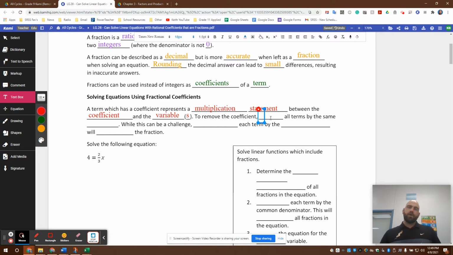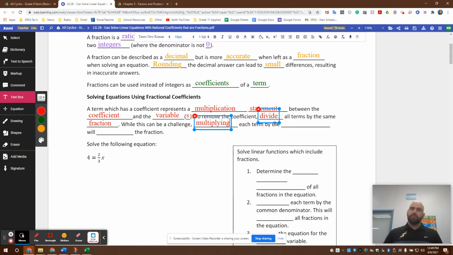Now to remove the coefficient, we divide, so this is what we've done in the past, we divide all the terms by the same thing, in this case a fraction. Often we would just do a number, but here we're going to do a fraction due to the fact that our coefficient is a fraction. So we divide them all by the coefficient. Wow, this can be a challenge.